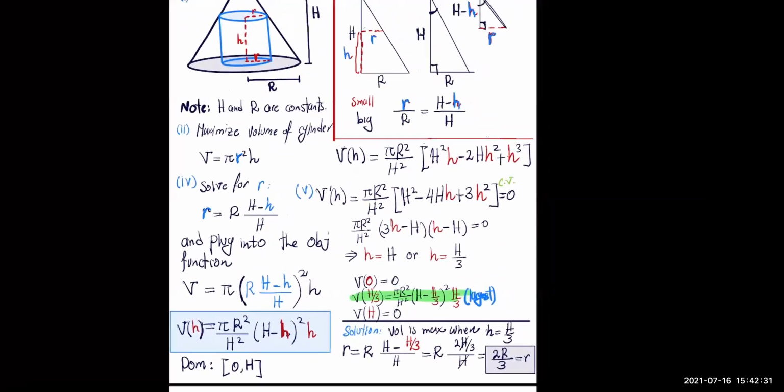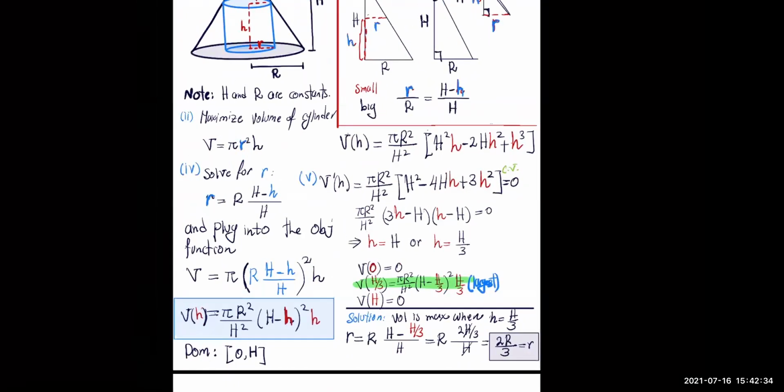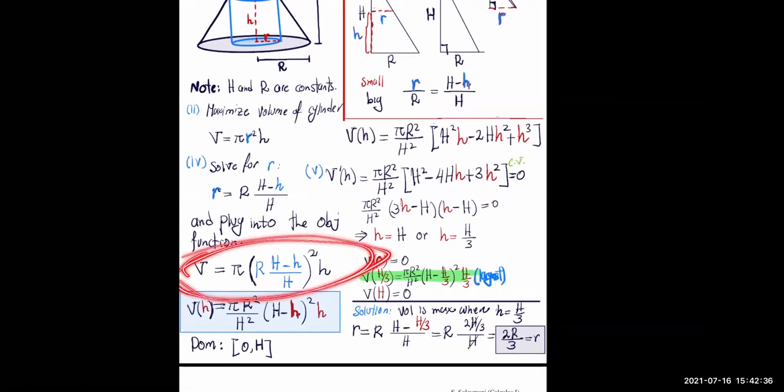Like for instance, something as bad as this function, okay? H here is the variable. Can you put 0 for h? Does it make it undefined? Do you see an h in the denominator?